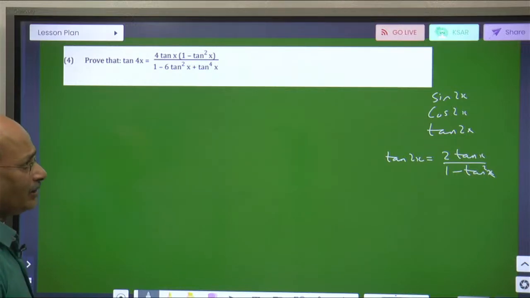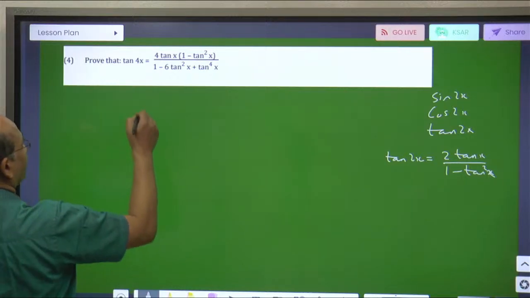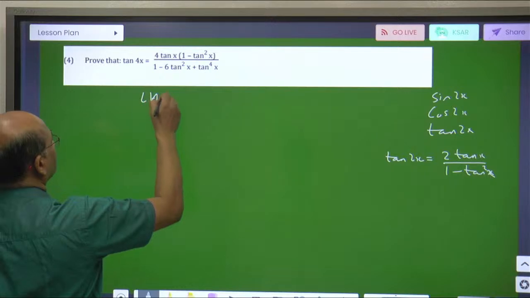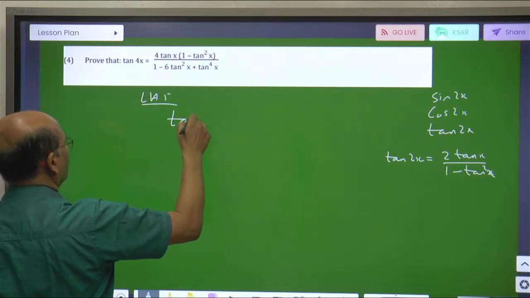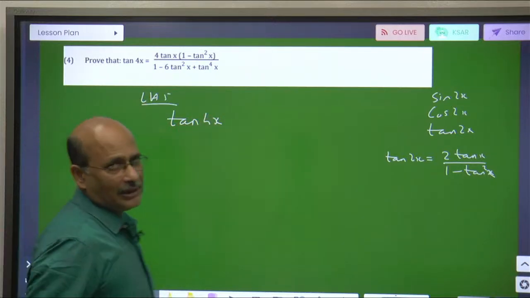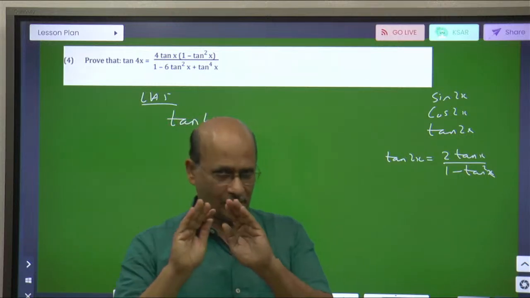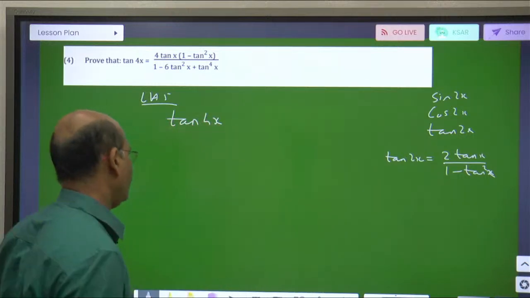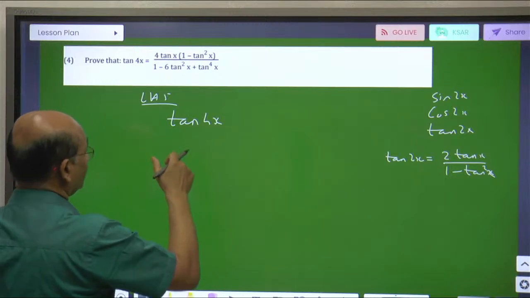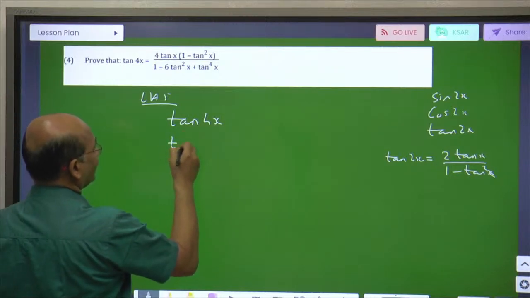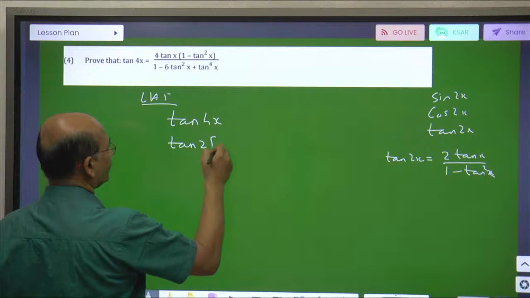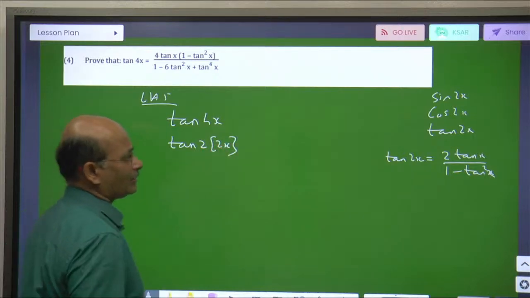Now, pay attention. Let us take the LHS, tan 4x. I do not have any formula for tan 4x. That is the first thing you have to keep in mind. Now, listen very carefully. What I can do in this is, I can write this as tan of twice of 2x, correct?